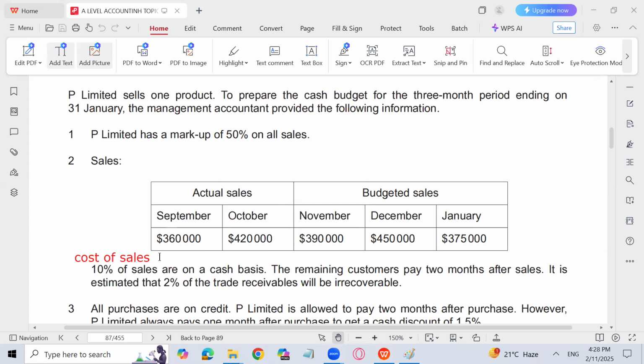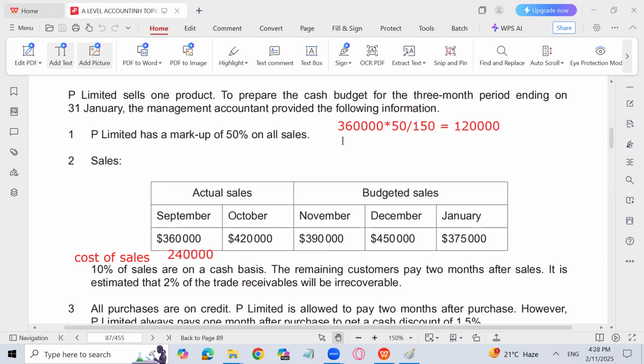As we did last time. 3,60,000 into 50 over 150. How much will it come? 1,20,000. 3,60,000 minus 1,20,000 is 2,40,000.